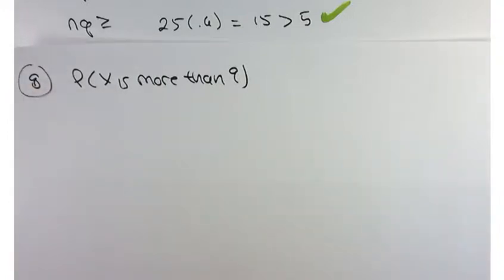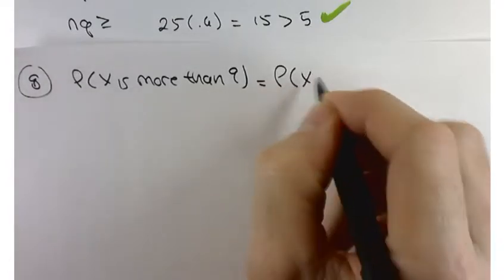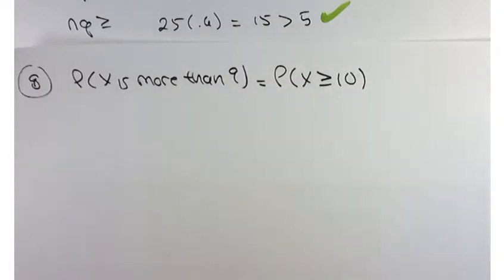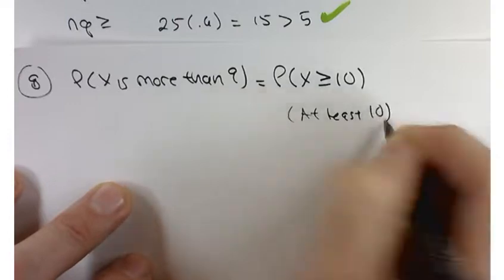Now, because this is a binomial random variable, and we're not including 9, what's the next value that we could include? We are going to use that eventually. This is effectively the probability that X is greater than or equal to 10. You can't include 9. So because binomial random variables are discrete, the next number up is a 10. So we want the probability of at least a 10.